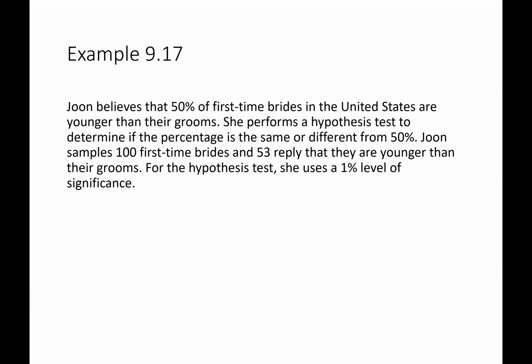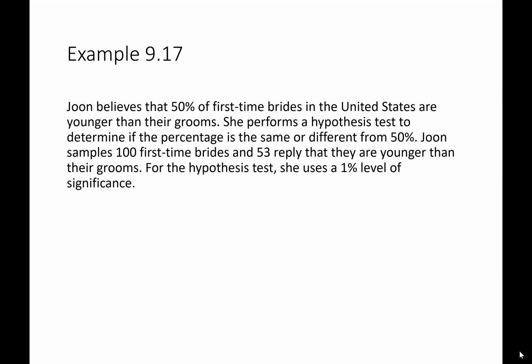All right, let's write our null and our alternate hypothesis. So she first says that she believes that brides are younger than the grooms, but we don't at this point have a hypothesis test that will compare two proportions. So what's the next thing she's going to do?